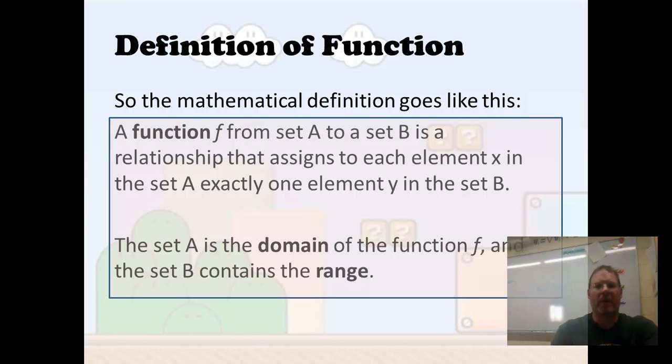Okay, so basically the post office is set A, and it's full of letters X. The mailboxes are set, or the citizens and residents of the town is set B, and they have mailboxes. Okay, so that is the technical definition.